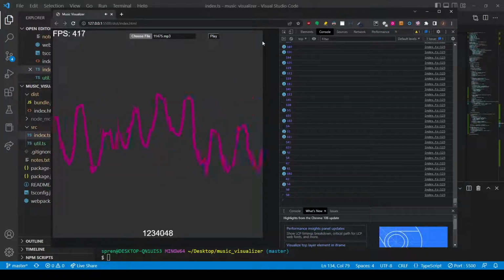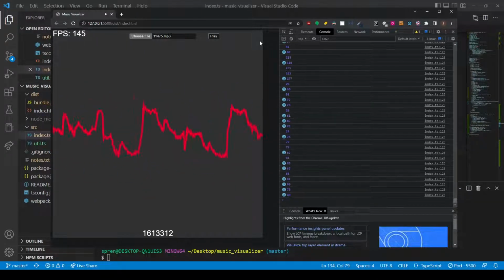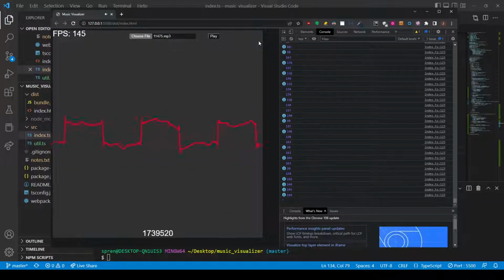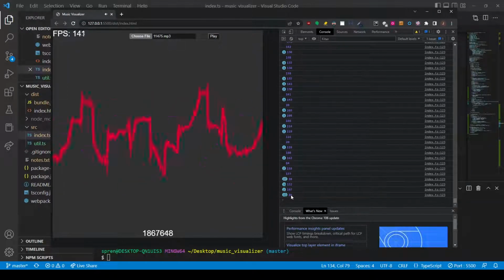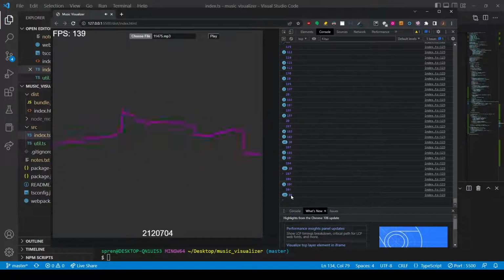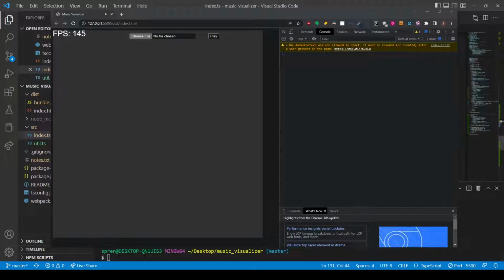I don't like it that it keeps defaulting to 20 too often, but it's certainly an improvement. It's a big improvement. Let's try 30.